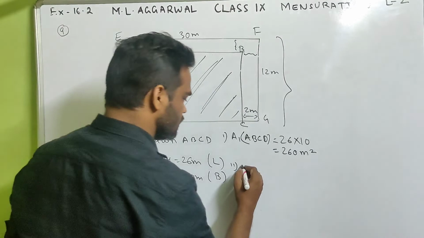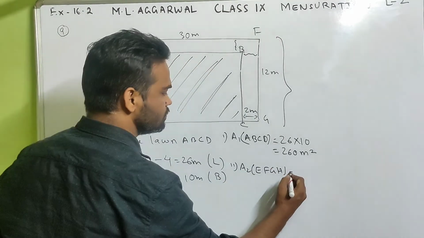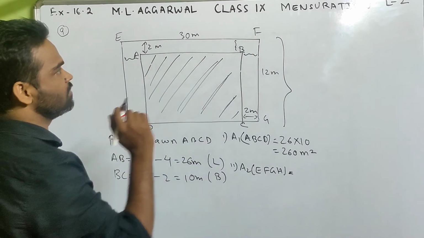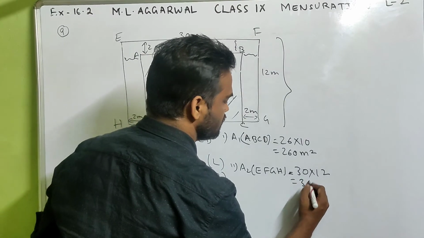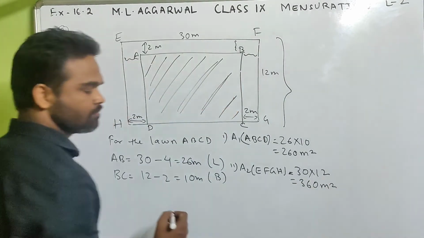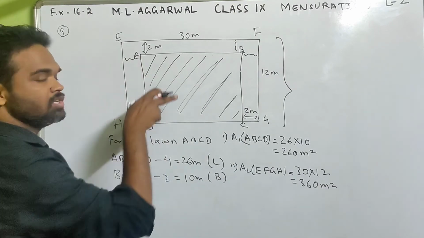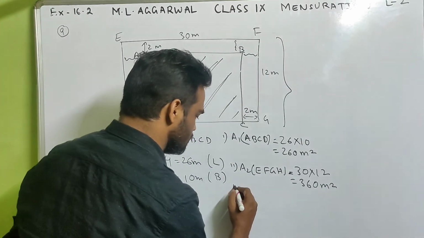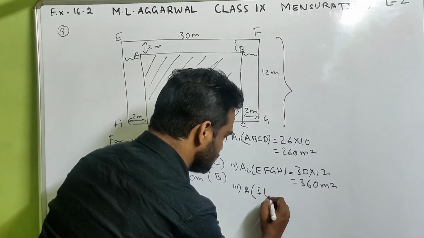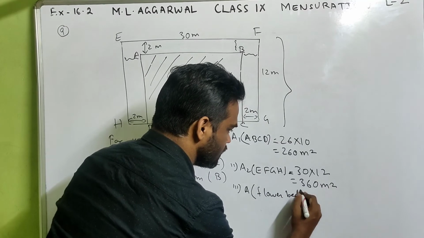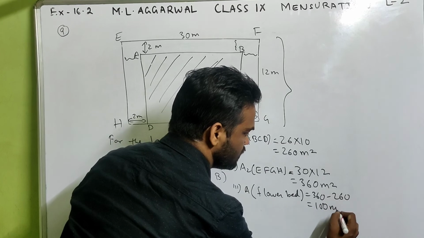The bigger rectangle. So A2 of EFGH. Again, it's a rectangle whose dimension is given. Length is 30 and the breadth is 12. So that's 360 meters square. So if you subtract the area of the lawn from the total area, you will get the area of the unshaded region. So area of flower bed, which is the unshaded region, is 360 minus 260, which is 100 meters square.